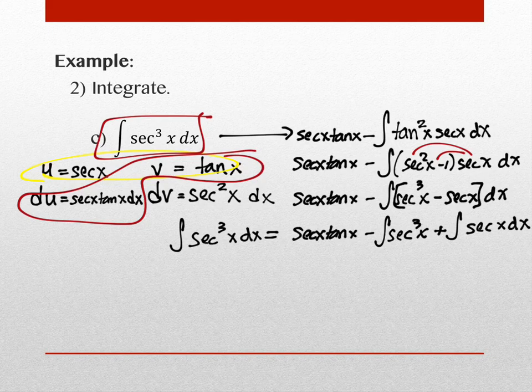And Sophia's exactly right. This secant cubed piece needs to be added to the other side, much like you would do in an algebra course. If I have an x on the left and I have a 3x on the right, I need the x's grouped together. That's what I'm trying to solve for. So we're going to add the secant cubed of x, which is missing its dx, to the other side.